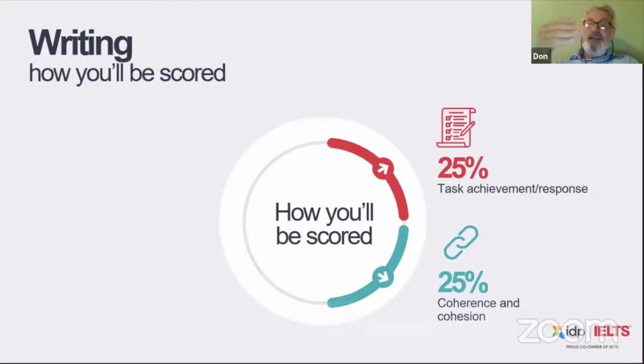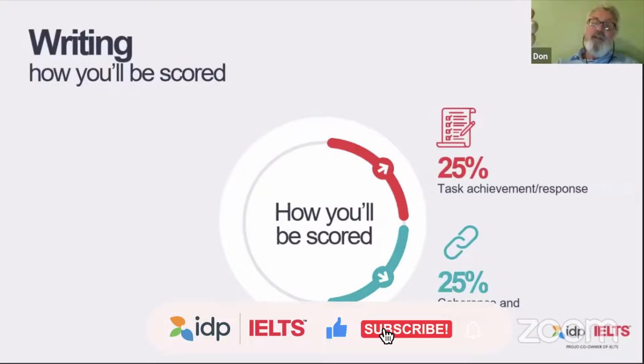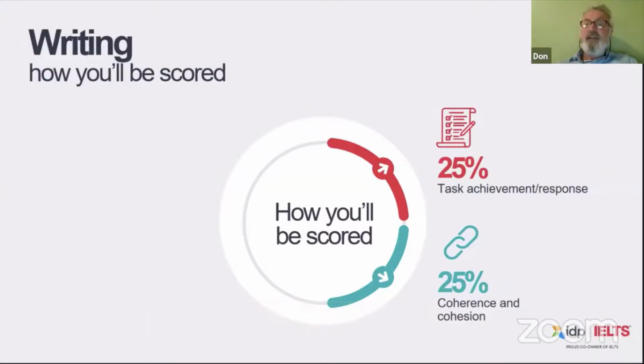Then you proceed to talk about one thing, which leads on to another thing, and finally you conclude with some sort of general statement. This is coherence. It's about using paragraphs logically. Maybe 4, maybe 5 paragraphs.